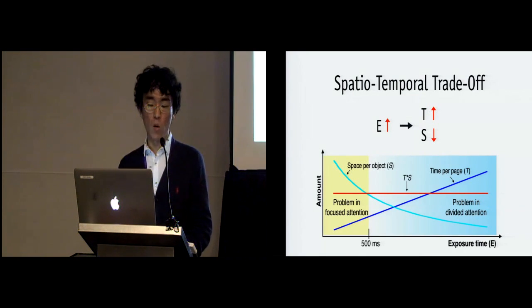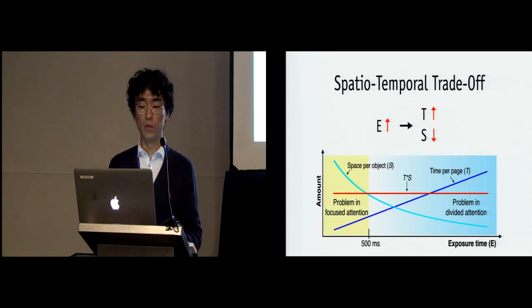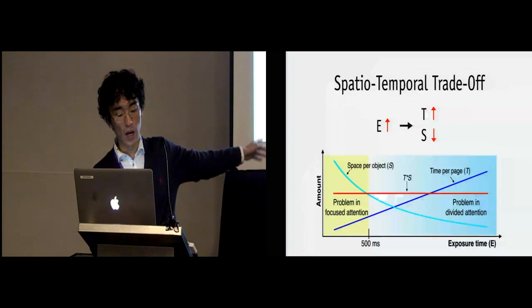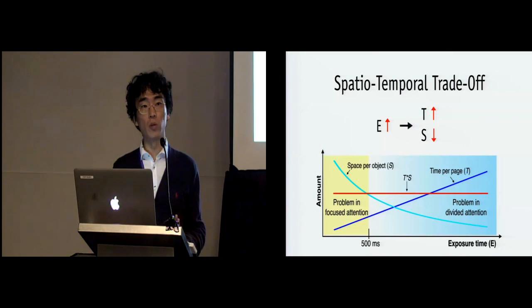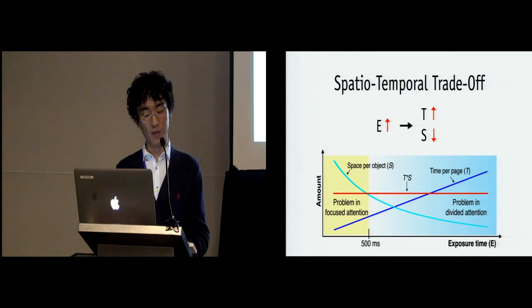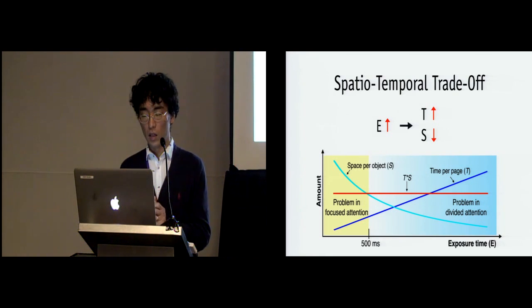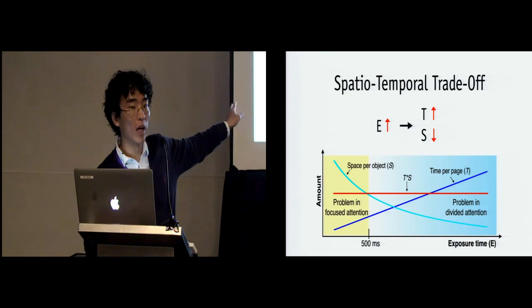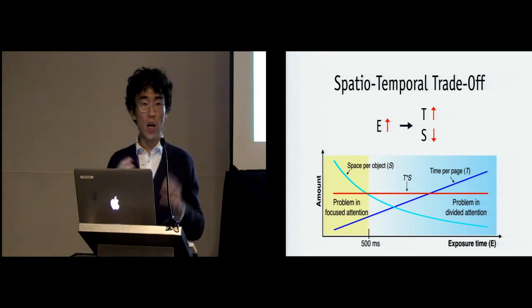When we explored this model of scroll more, we found that there is a fundamental trade-off between temporal and spatial resources of objects. When we increase the exposure time, the temporal resource will increase, but the spatial resource will decrease. When we multiply those two quantities, we always get the same amount of resources, which is displayed in the red line. So we have a trade-off.